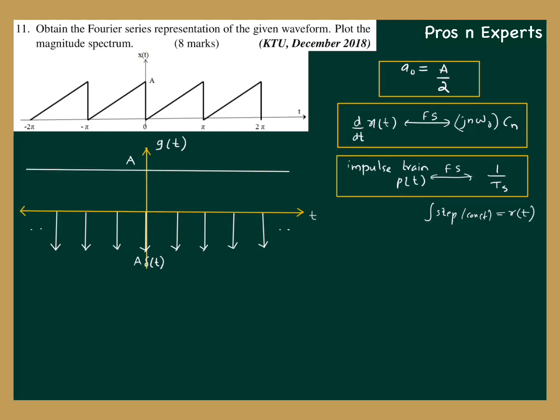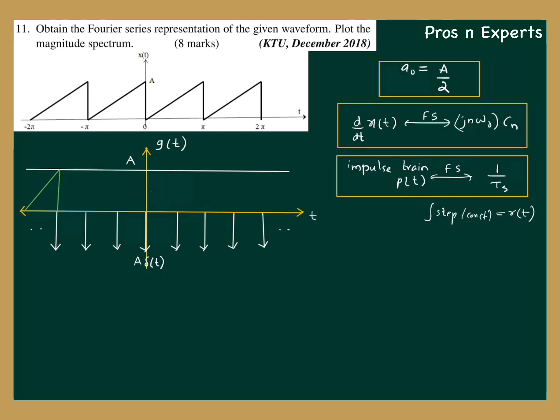If we integrate this constant signal, you will get a ramp. I am drawing this ramp, but when the ramp reaches here, what happens? It encounters a sudden drop, so the value drops like this.